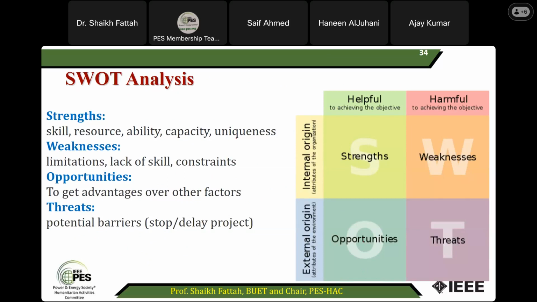So the uniqueness of your project, resources, skill, these two words I used earlier. Resources, skills, they are your strength, ability, capacity. But if you feel that, okay, I want to implement that, it needs this type of skill, there can be a lack of skill. So there can be a constraint, oh, we don't have the space. So it's a constraint, limitations.